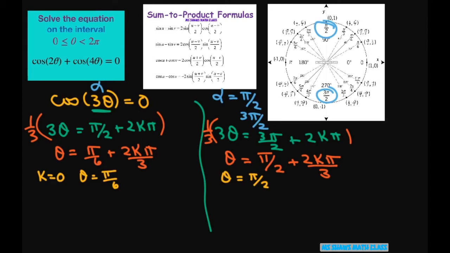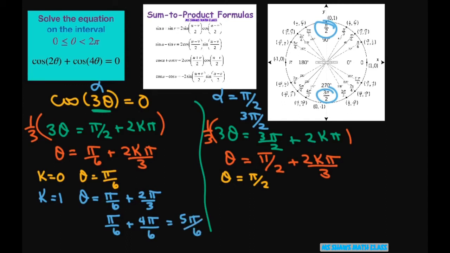We already had this one from the other problem, the cosine one. So let's look at k equals 1. K equals 1, you get theta equals pi divided by 6 plus 2 pi divided by 3. This is going to be pi divided by 6 plus 4 pi divided by 6 equals 5 pi divided by 6.